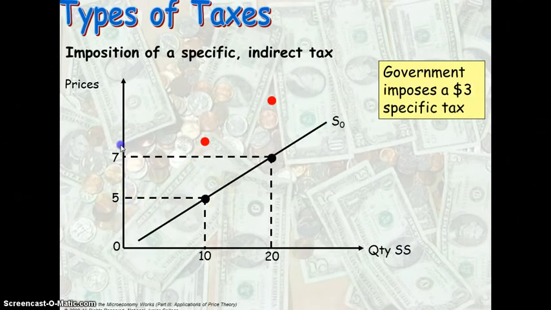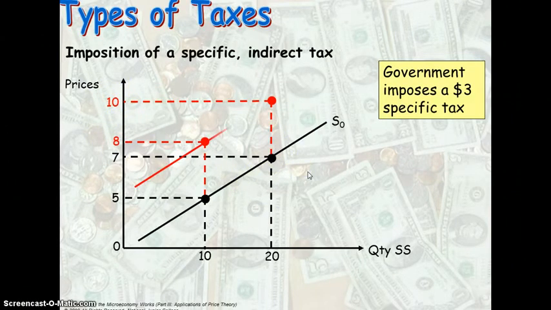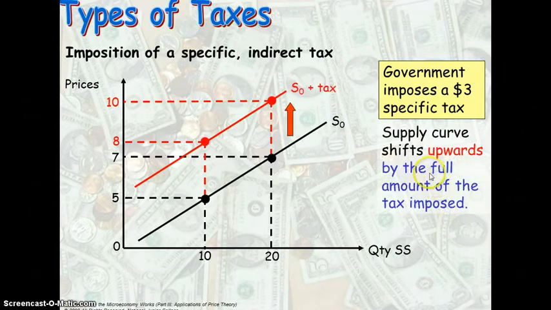So it will shift up to $8. And the next one is at $10 for this case. Therefore, the supply curve will shift up by the full amount of the tax imposed, which means to say that the vertical distance over here is the tax per unit.